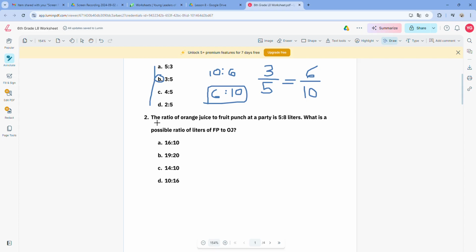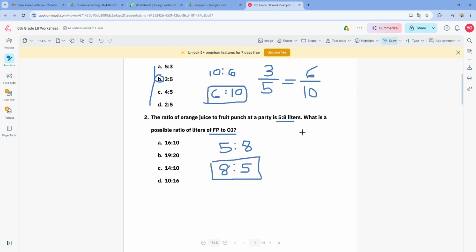For the next one, we have the ratio of orange juice to fruit punch at a party is 5:8 liters. So this is orange juice to fruit punch. What is a possible ratio of liters of fruit punch to orange juice? Since it's asking for fruit punch to orange juice, we actually want to put it like this instead of like this.